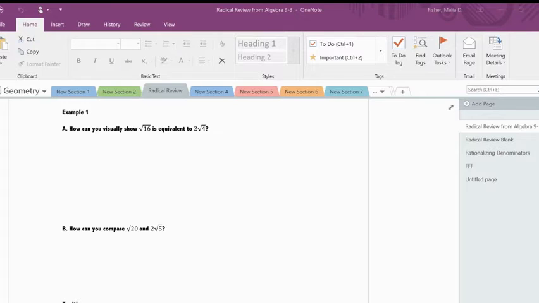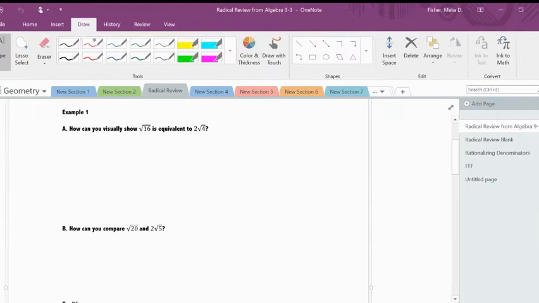So hopefully you know that the square root of 16 equals 4. And that is because 4 squared equals 16. So let's look at 2 square root 4.